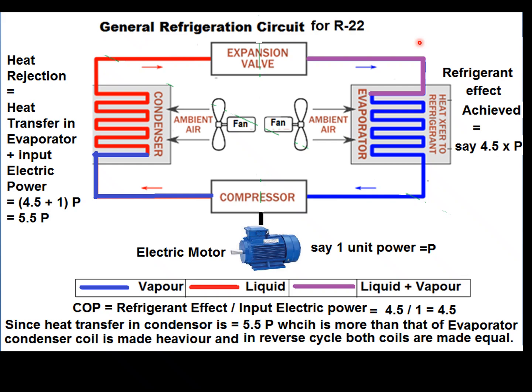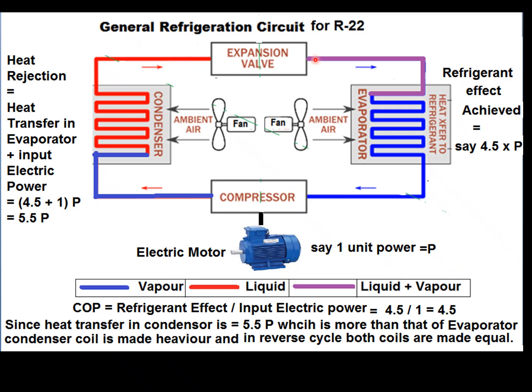First of them is that the media which interconnects all the important units of a refrigeration air conditioning system has got four essential components. First is the evaporator, second is the compressor, third is the condenser, and fourth is the expansion valve.